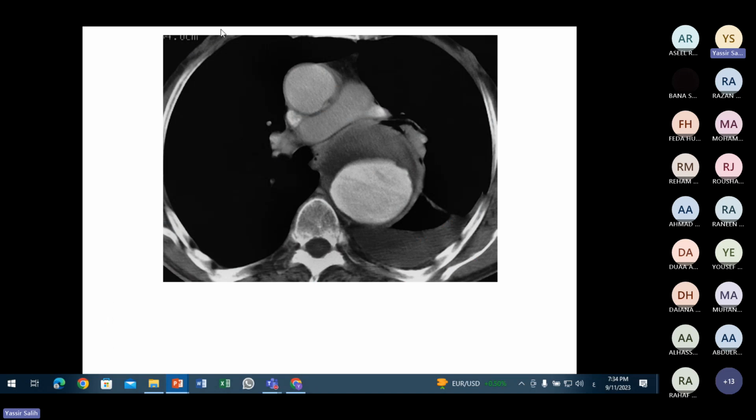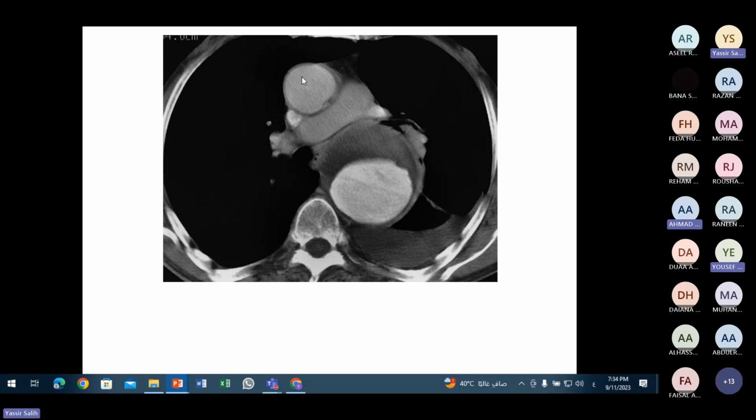What is this image? CT as well, but mediastinum window. What abnormality do you see? Yes, you are right. It's a CT with contrast, mediastinal window. What is this structure?